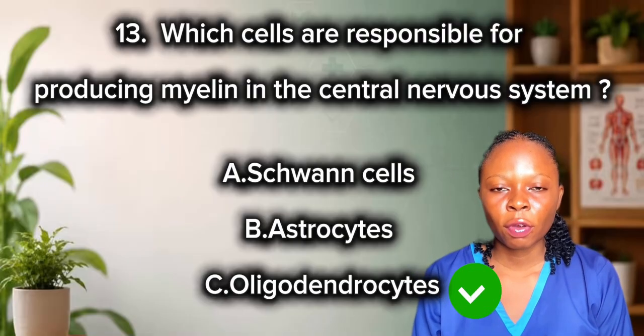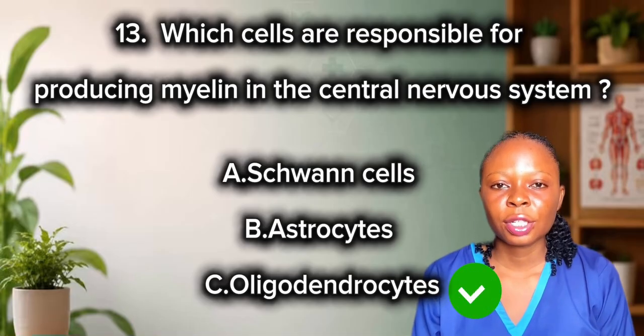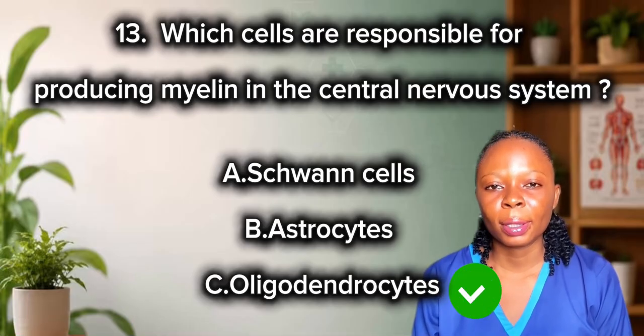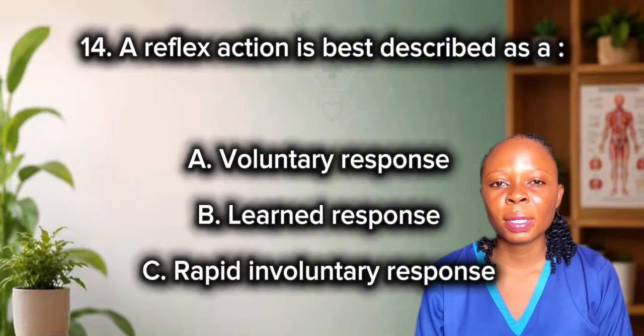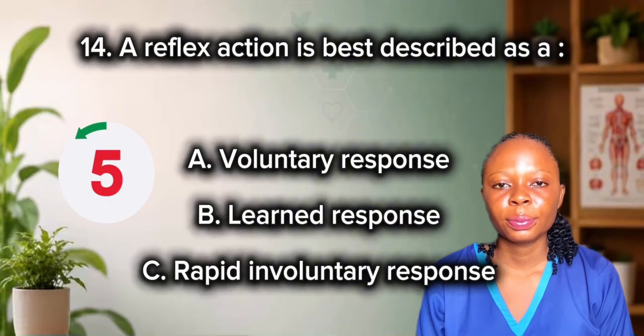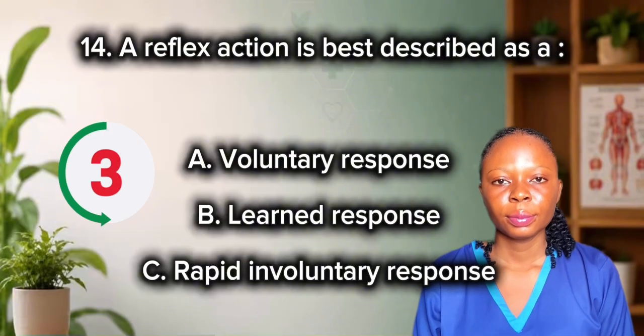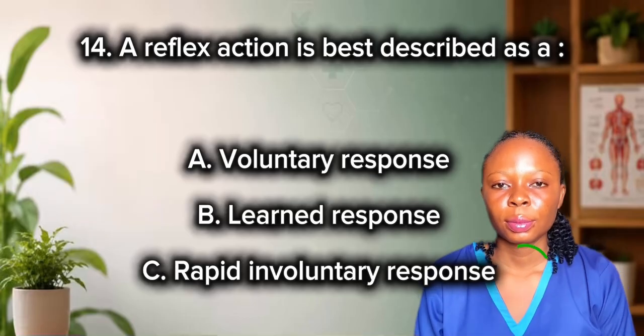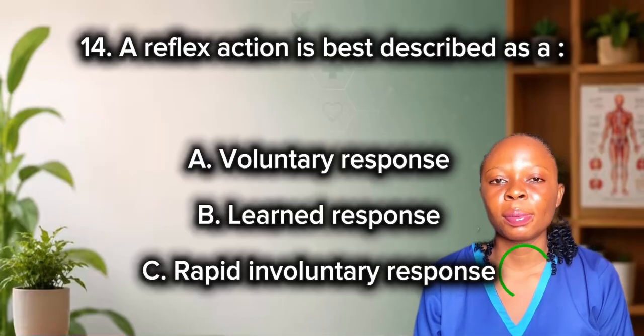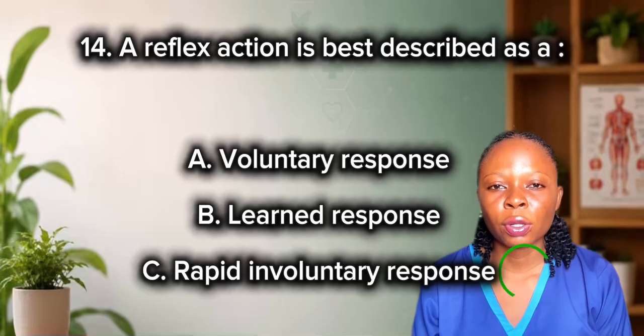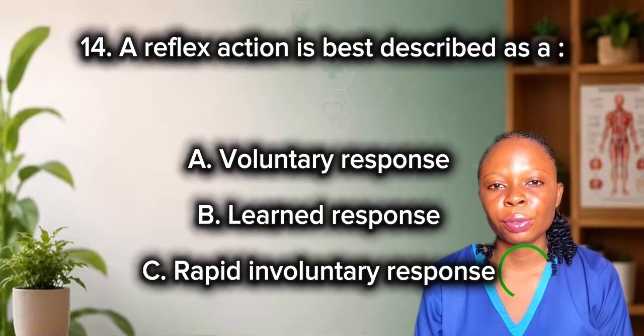Oligodendrocytes. It forms myelin sheath around central nervous system nerve fibers. A reflex action is best described as rapid involuntary response. It occurs automatically without conscious control.